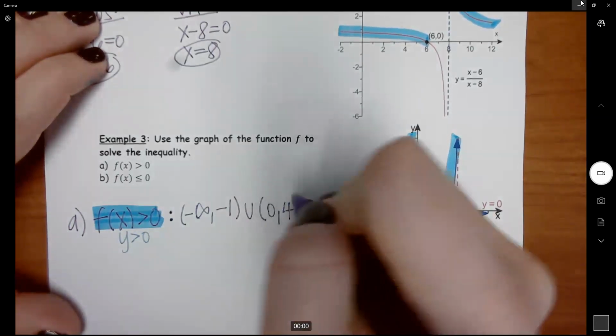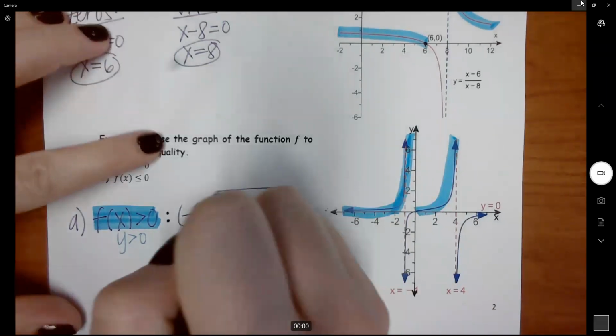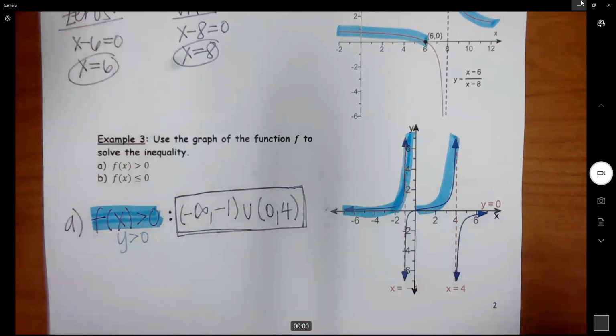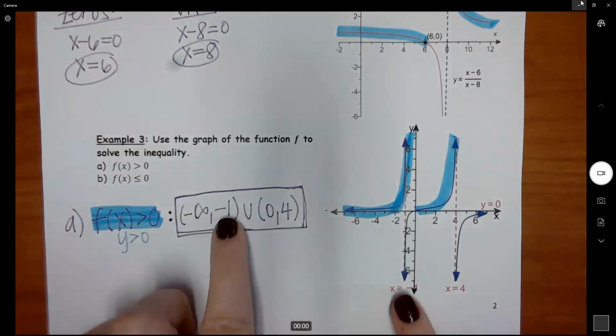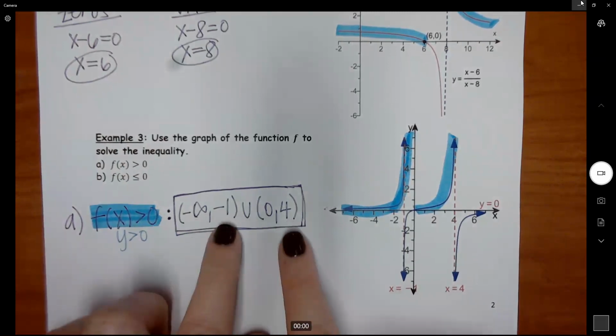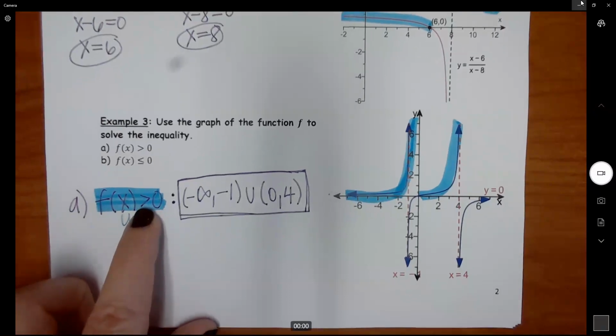So 0 to 4. Again, this -1 and this 4 would have parentheses here, even if this was greater than or equal to 0, because of the asymptotes.